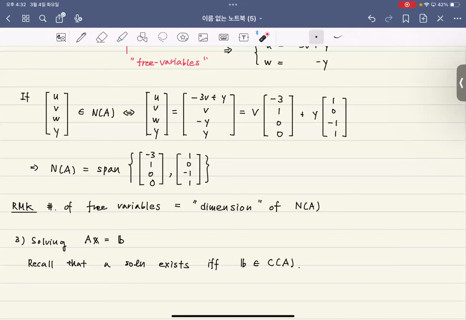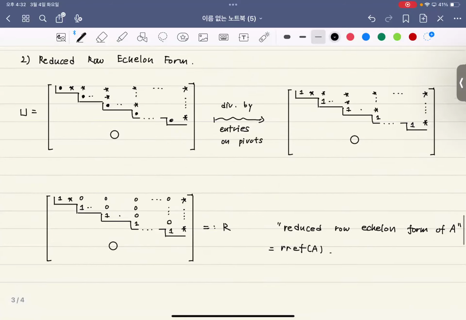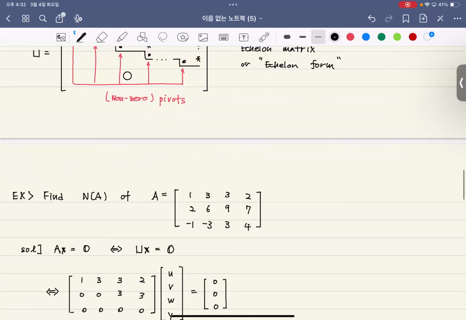Now, this is a question. For any randomly chosen b, how do you know in the first place that b can be written as a linear combination of columns of A? How do you know that? This is a highly non-trivial question. I'm going to show you an example of this.